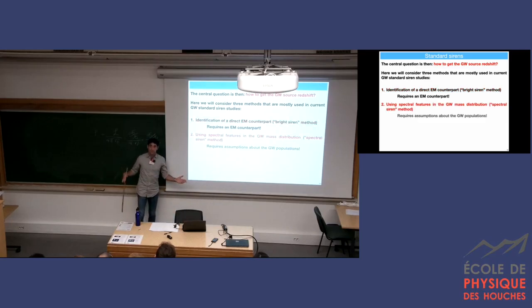Statistical methods. For example, one could use spectral features in the gravitational wave mass distribution of the compact objects that we observe. I will show you in detail what this means, because it's not trivial in my opinion. Basically, this requires making some assumptions about the gravitational wave population.